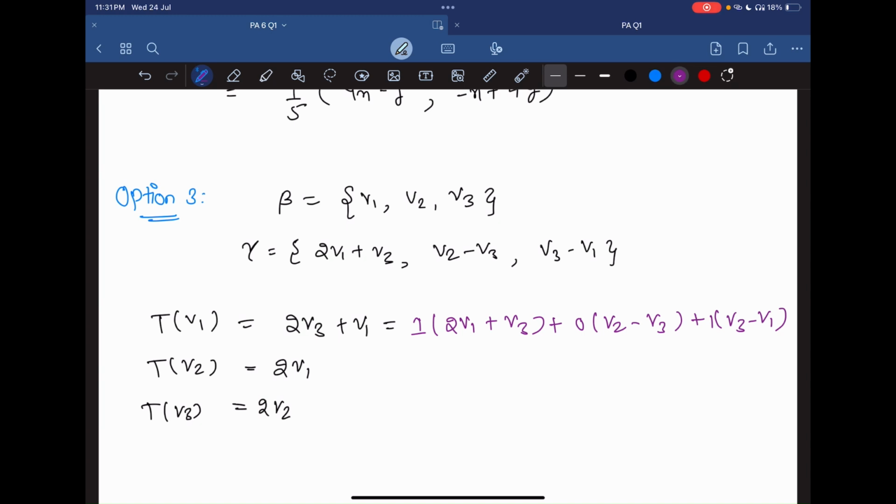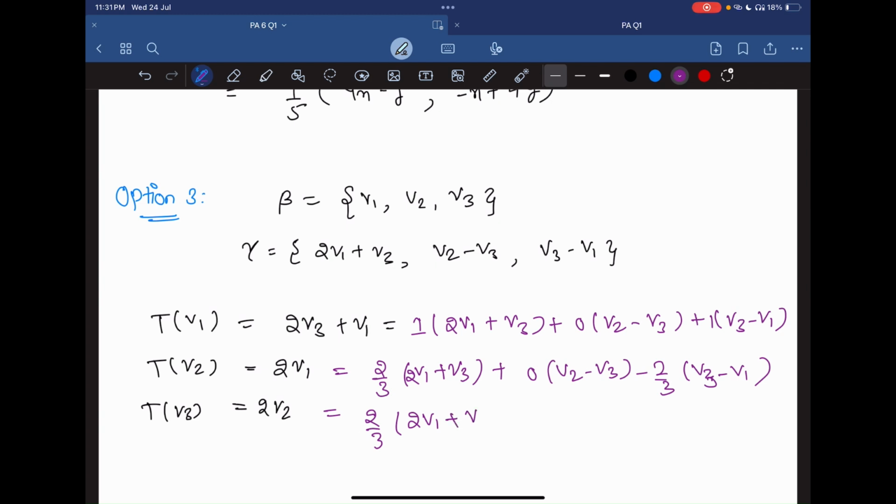So this will become now 2 by 3 (v1 plus v3) plus 0 times (v2 minus v3) minus 2 by 3 times (v3 minus v1), and for third it will be 2 by 3 (2v1, sorry, here it will be 2v1 plus v3) plus 2 times (v2 minus v3) plus 4 by 3 (v3 minus v1).